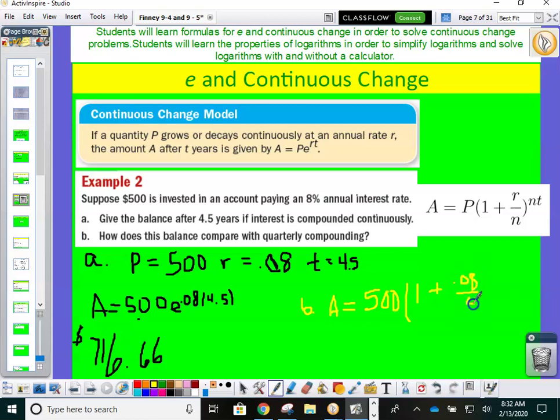Quarterly means 4 times a year. And so then that's going to be to the 4 times how many years? Well, the years are still 4.5. So that's my formula.